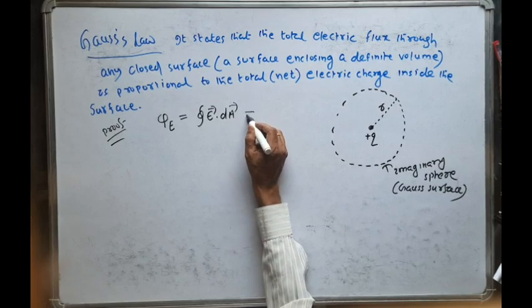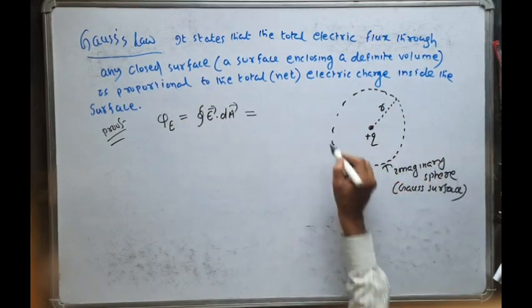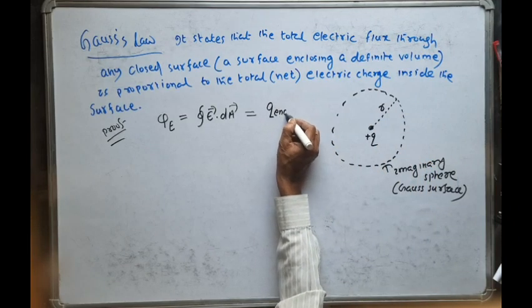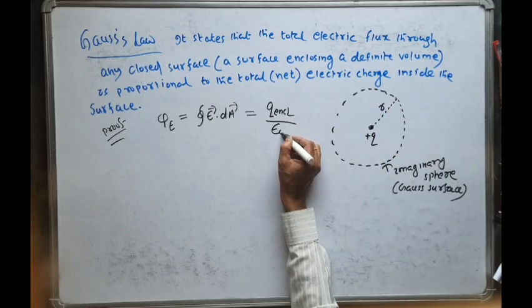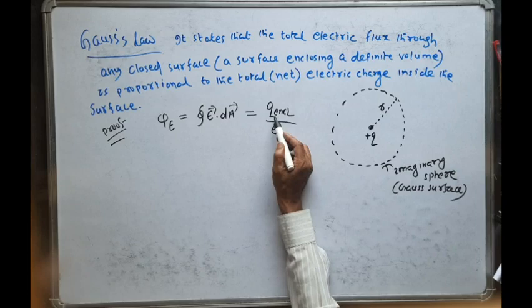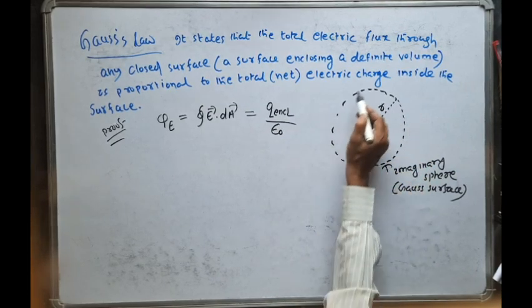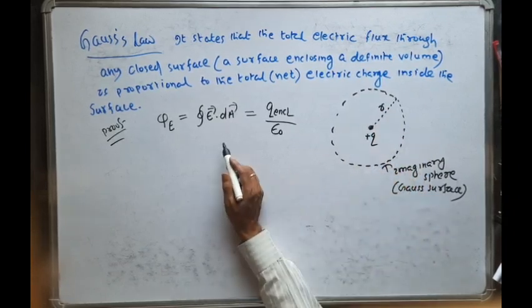And according to the Gauss law, the total electric flux from a closed surface is equal to the total charge enclosed by this Gaussian sphere divided by epsilon naught. So what is Q enclosed? It is the total charge within this Gaussian surface or within the Gaussian sphere. Now we will prove this.